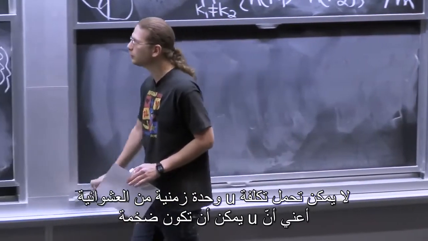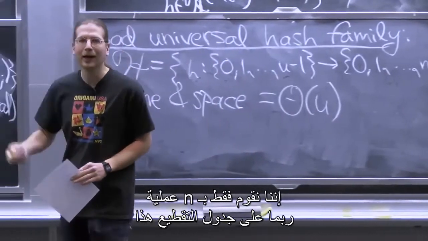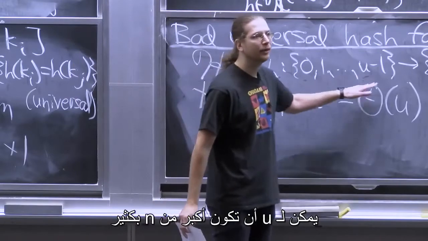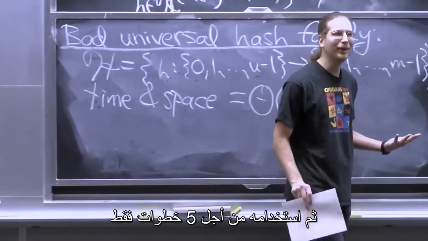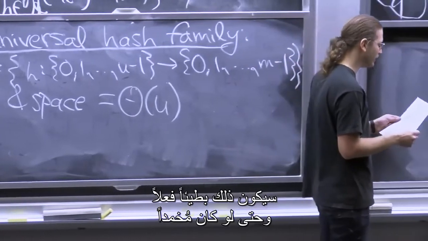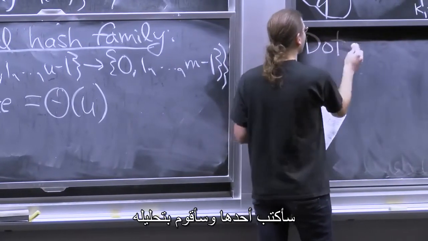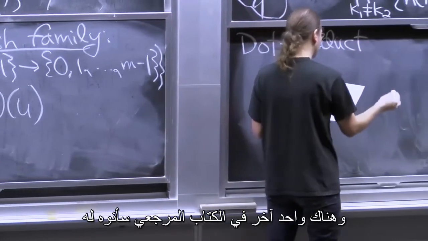We can't afford U units of time of randomness. I mean, U could be huge. We're only doing n operations probably on this hash table. U could be way bigger than n. We don't want to have to pre-compute this giant table and then use it for like 5 steps. That would be really, really slow, even amortized. So here's one that I will analyze. And there's another one in the textbook, which I'll mention.